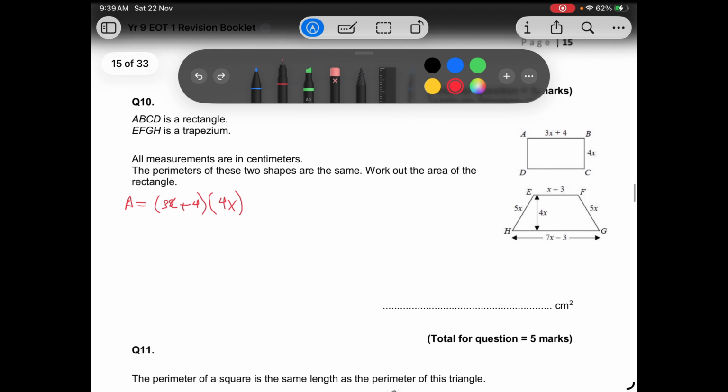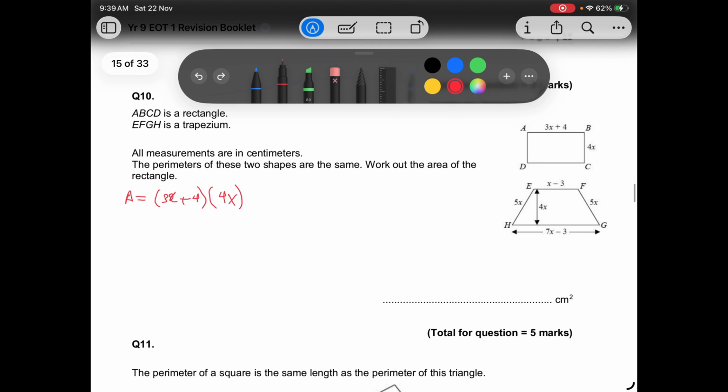Now if we have the value of x, we can plug it into this equation, then you can find the area of the rectangle. But they have here that the perimeter of these two polygons is the same.